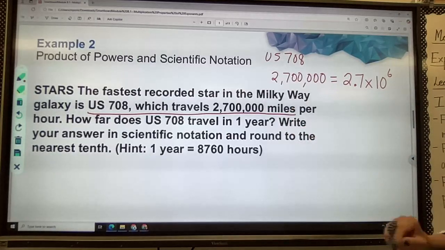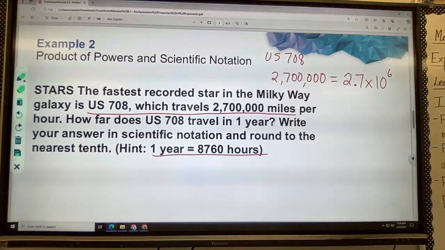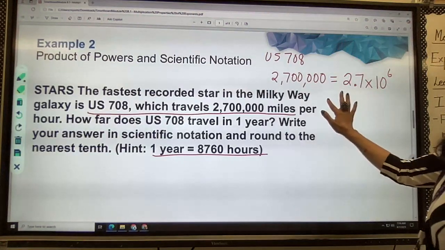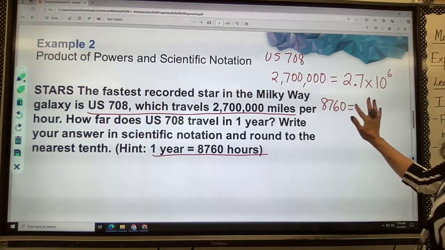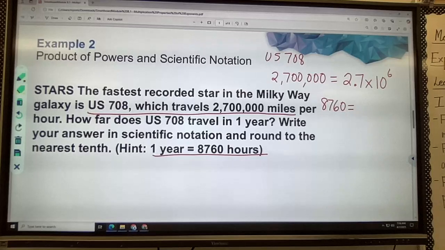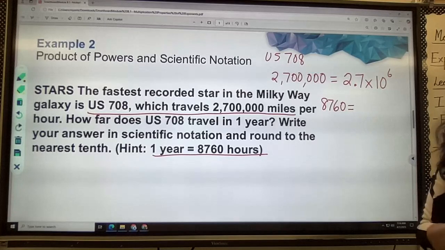Now let's look at the hours in a year. We have 8,760, and in scientific notation, once again, I am going to write the decimal straight behind the first number.